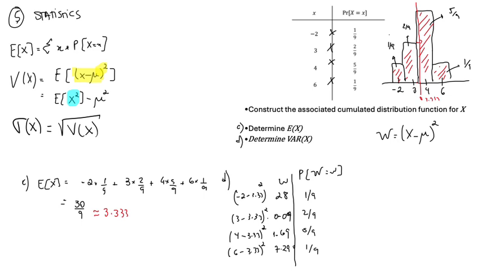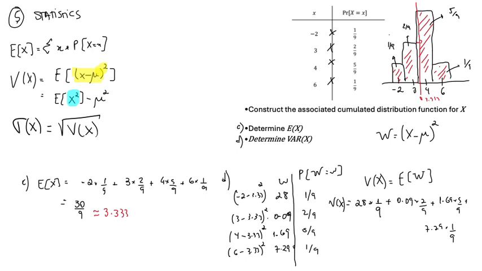If you have the PDF, and in this case we did it, just take the values that your variable can assume times the probability, do that for all rows and sum them up. So 28 times 1/9, plus 0.09 times 2/9, plus 1.69 times 5/9, plus 7.29 times 1/9.